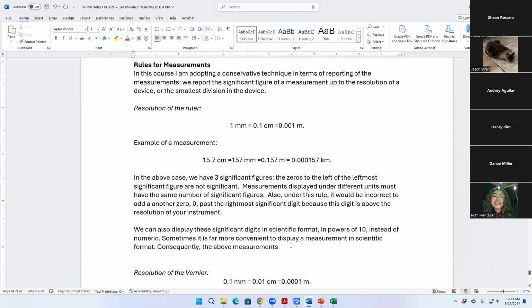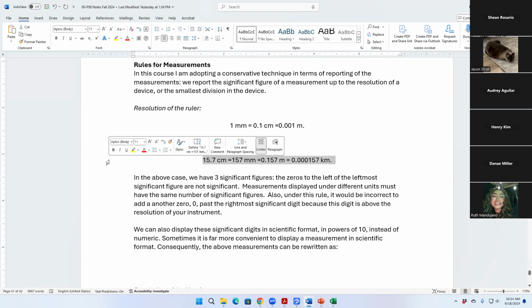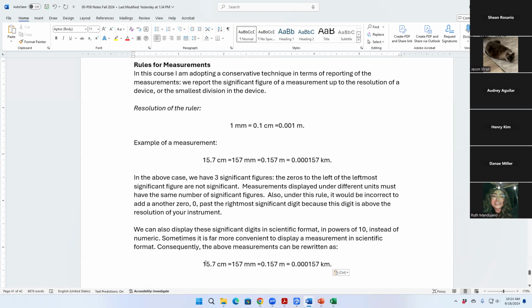Consequently, the above measurements can be written as, okay? Instead of 15.7, we're going to write it down as 1.57 times a power of 10. In this case, the power of 10 is going to be just one power, okay?